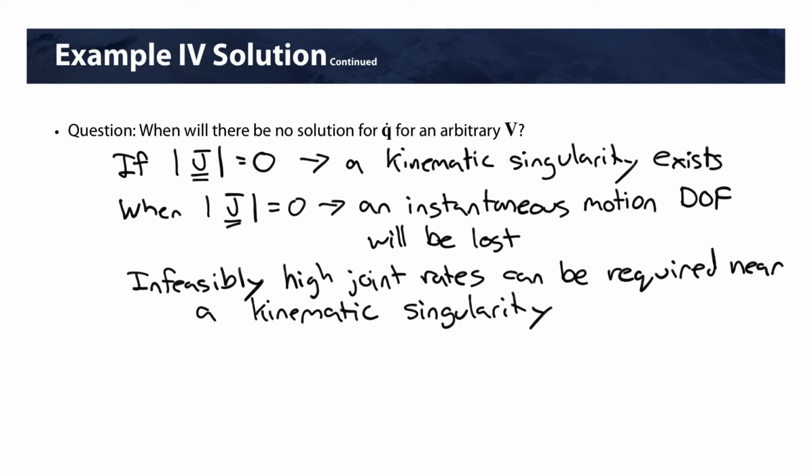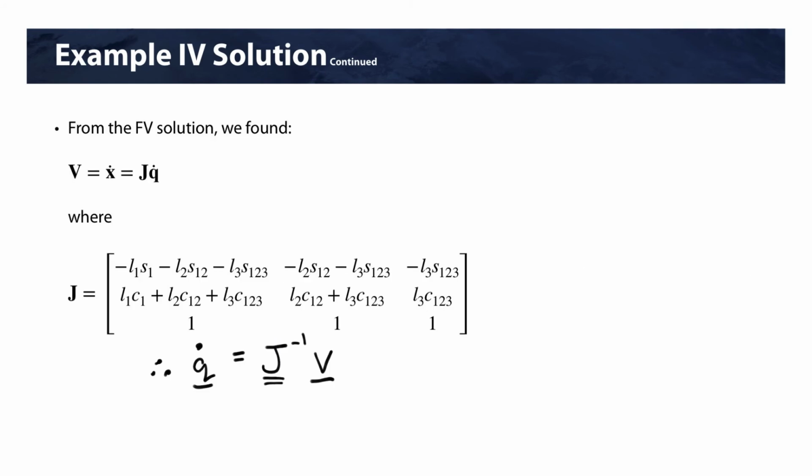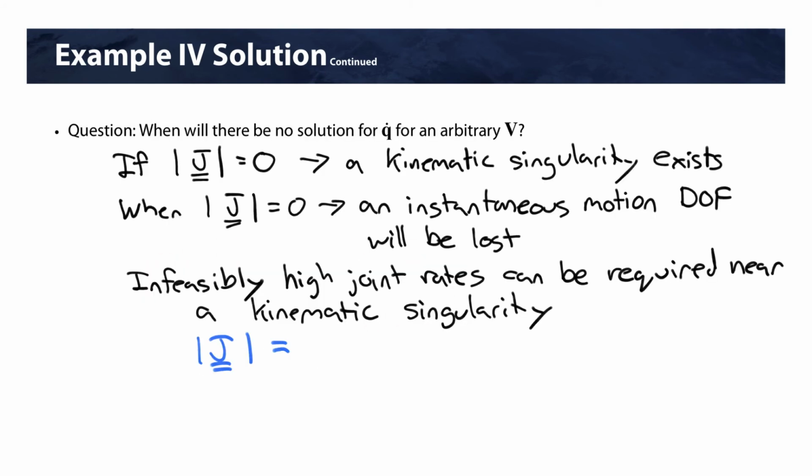Okay, we can use this fact, when the determinant of our Jacobian is equal to 0, to figure out what those singularities are. And so for our example manipulator, if we take the determinant of J, so we go back to this matrix here, we take its determinant, and if you do that, you're going to get L1 L2 S2.